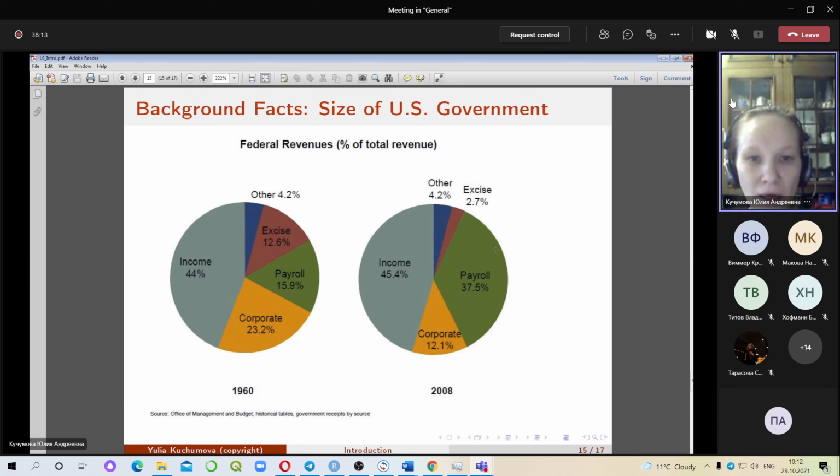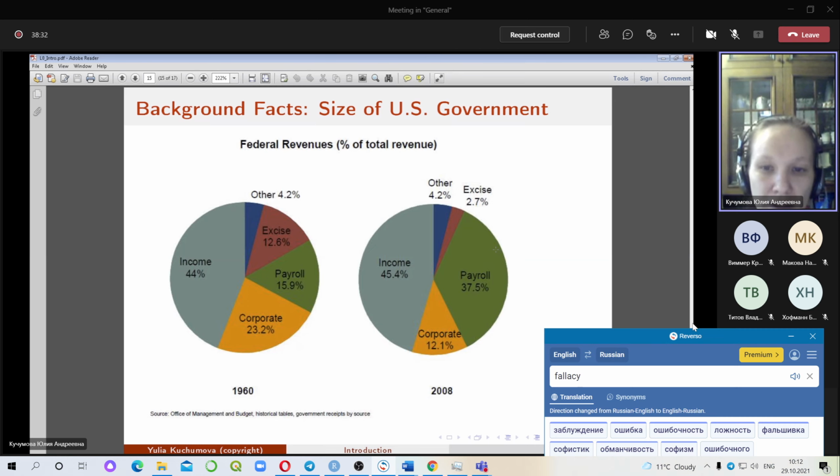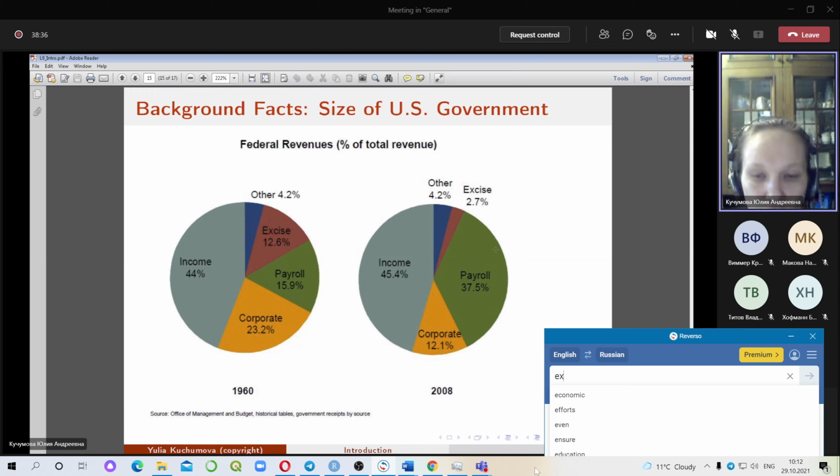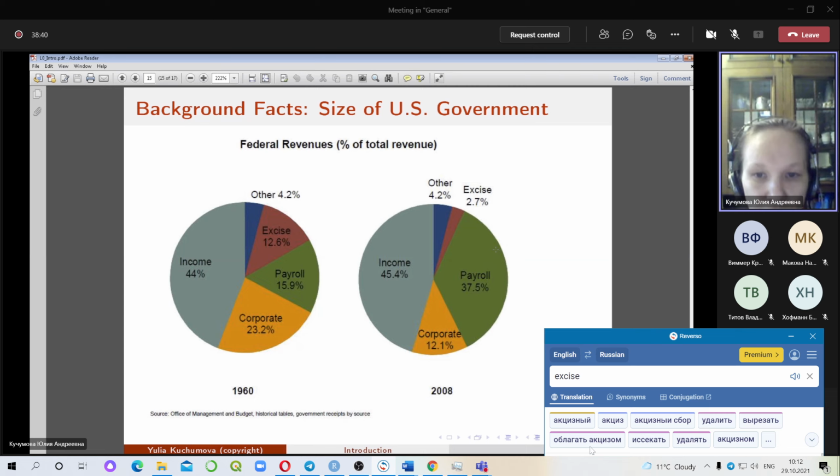And here are some pie charts to illustrate the sources of the revenue. Basically, what taxes do governments collect? Again, this is about the United States. As you can see right away, the key source of income is income tax.